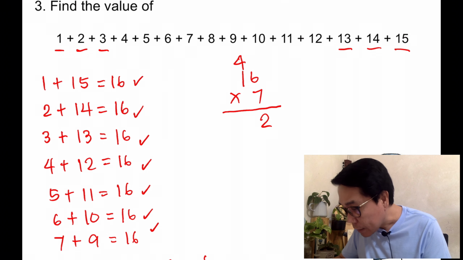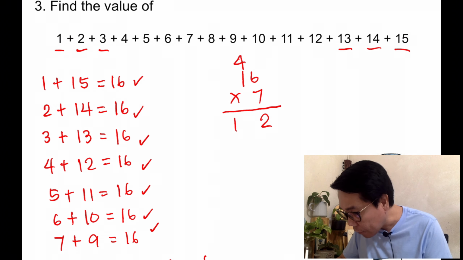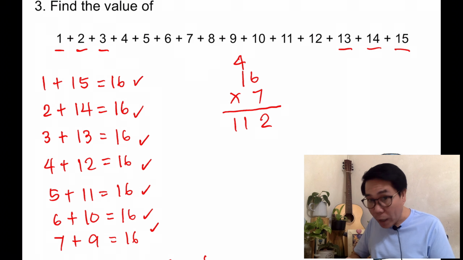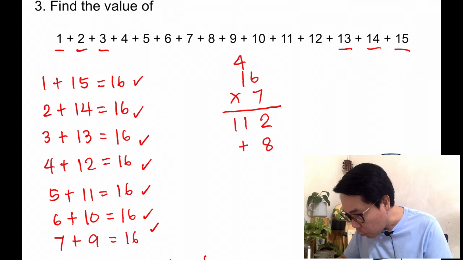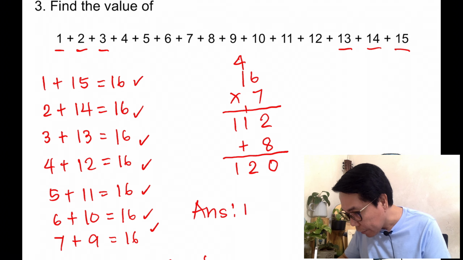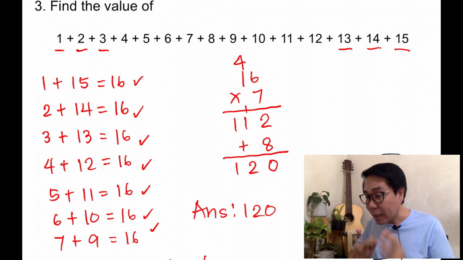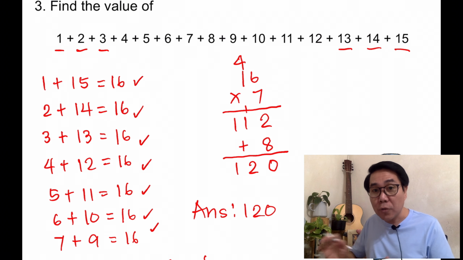Regroup 4. 7 times 1 is 7. 7 plus 4 is 11. So it is 112. Then we add the 8 without a partner. So we have 8 plus 2 is 10. Regroup 1. We have 120. So the sum is 120. That is the sum if we add the numbers from 1 to 15.